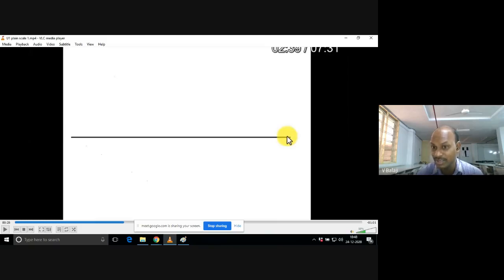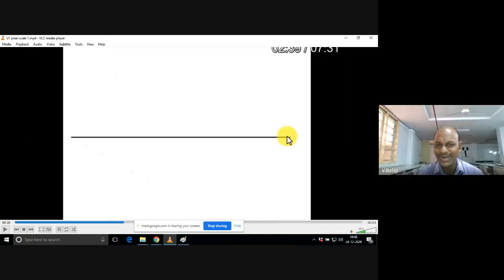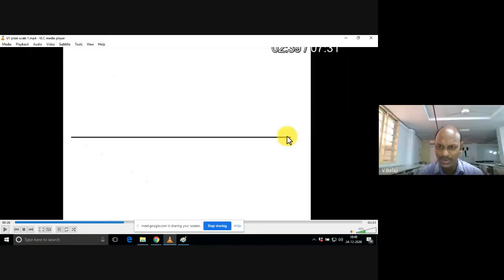The correct answer is 5. Why? Because that 5 decimeters, which means 5 into 10 centimeters, a 50 centimeter line, we are not able to draw on the drawing sheet.